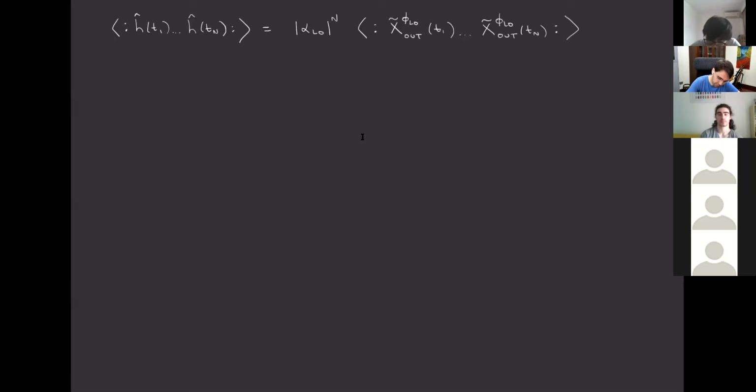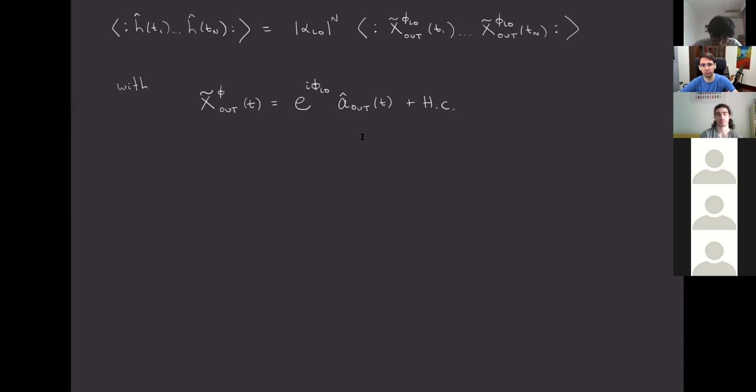Okay, and in particular, this operator is indeed related to the quadratures, and in particular, it is the following. So let's say that the quadratures that we want to measure are something like this, like e to the I phi local oscillator with the output field operators, plus the Hermitian conjugate.